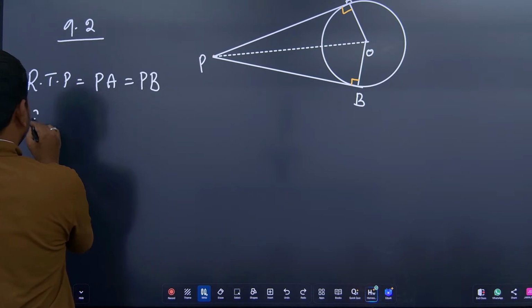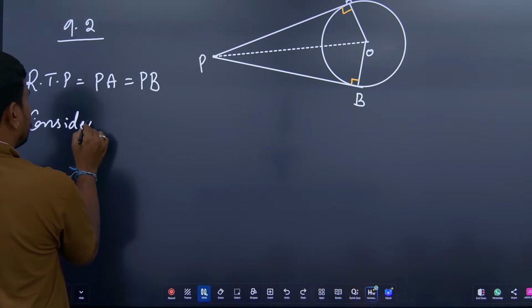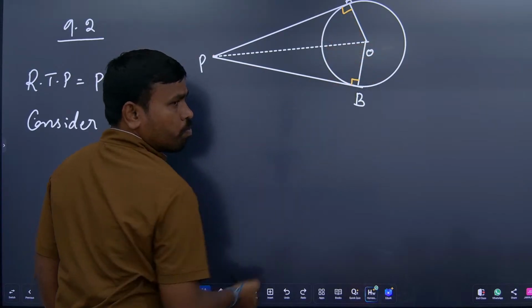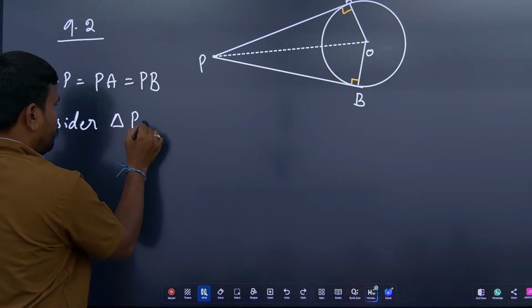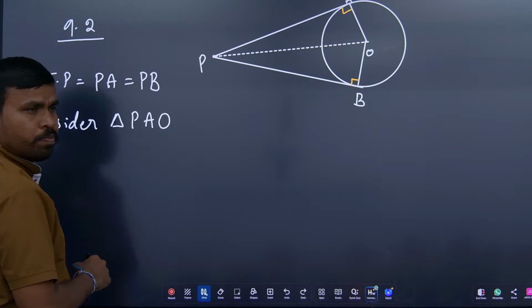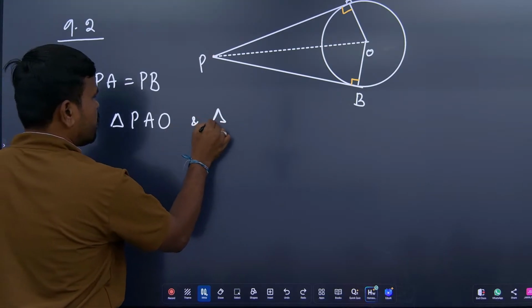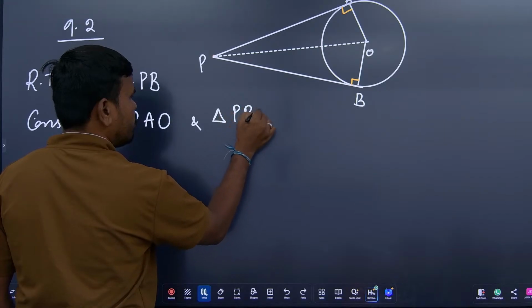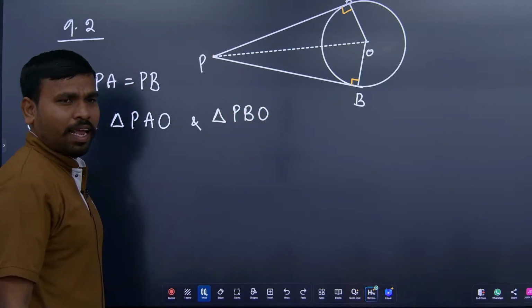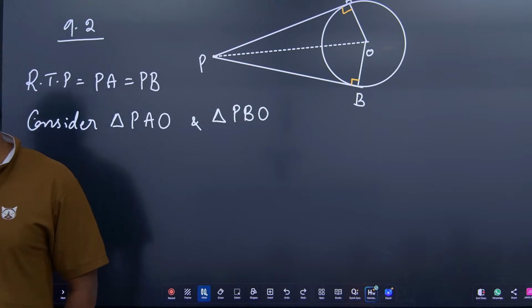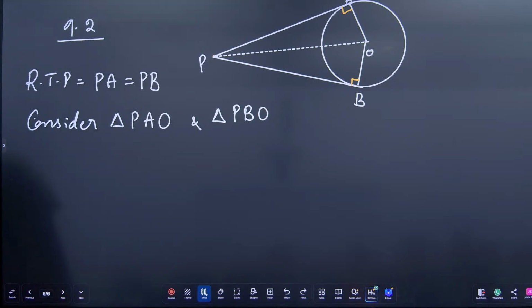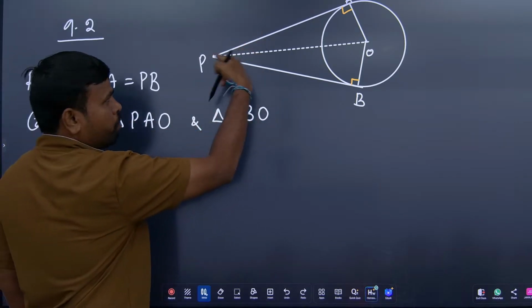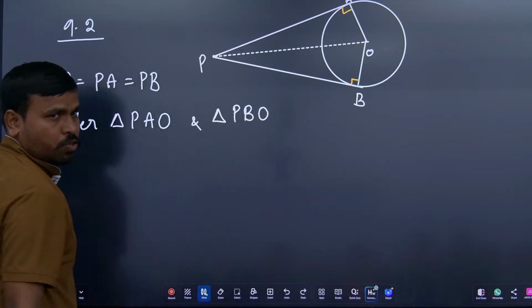And consider triangle PAO and triangle PBO. If you respond, I'll get more energy. PAO and PBO, these are the two triangles.